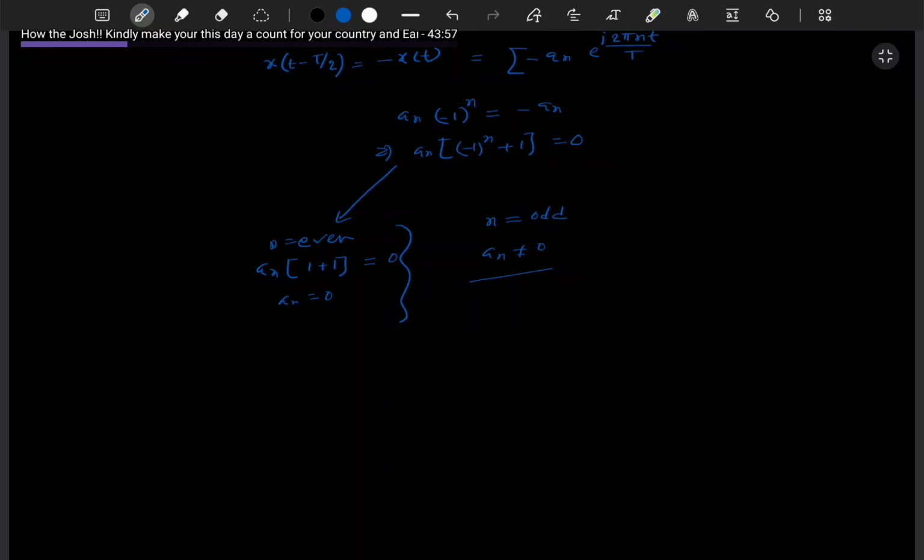That means the following is correct. So option B is correct here.